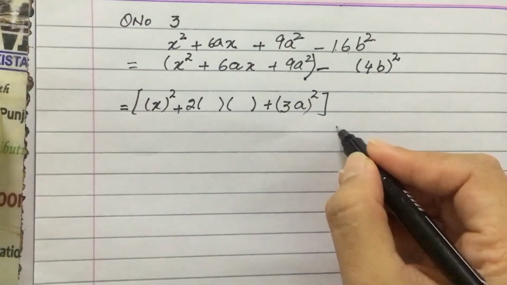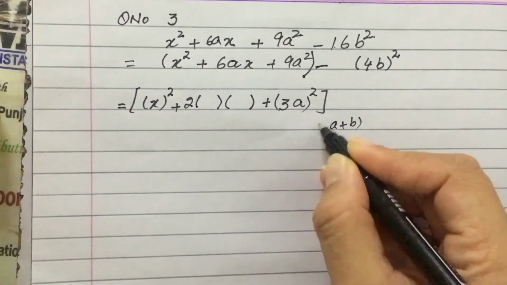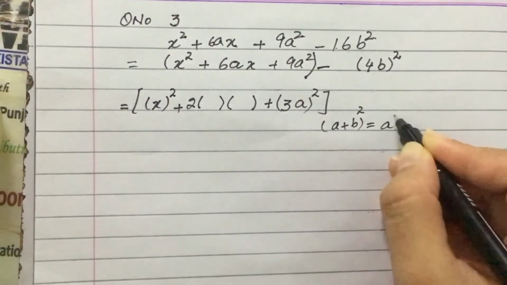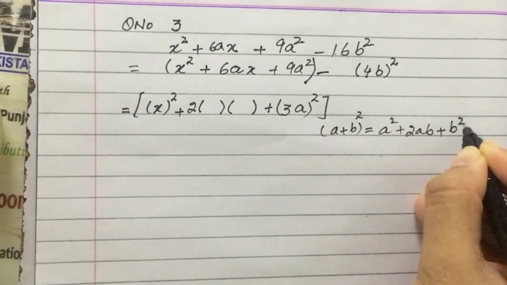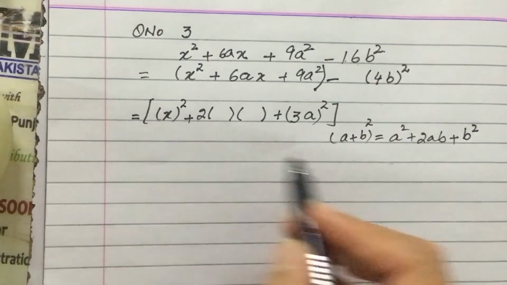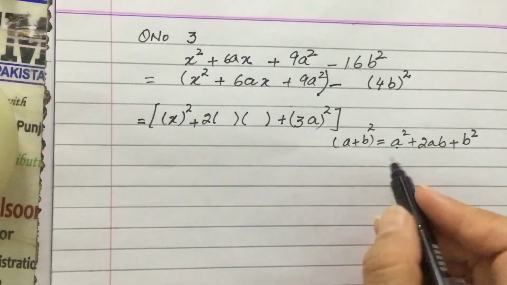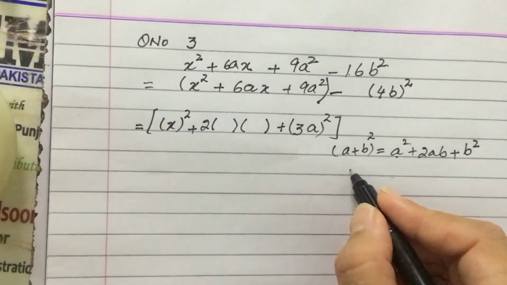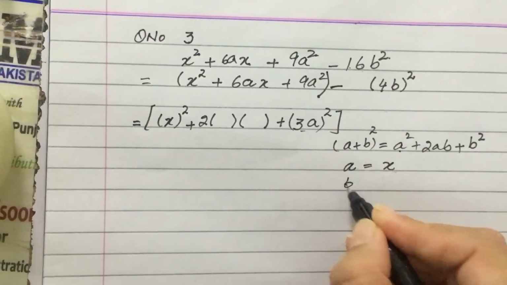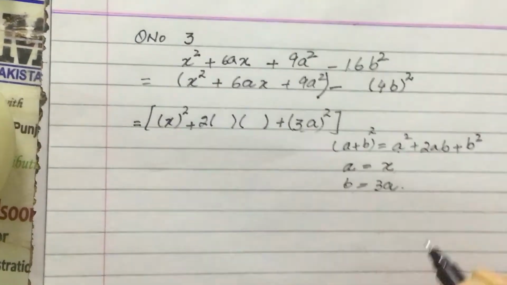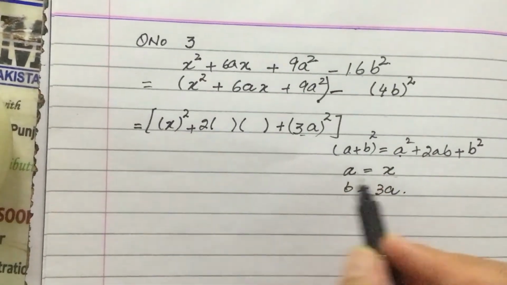Which formula am I using here? I am using here a plus b whole square is equal to a square plus 2ab plus b square. That means the first term is a square and the last term is b square. Value of a is x here and value of b is 3a here. Now put all these values here.